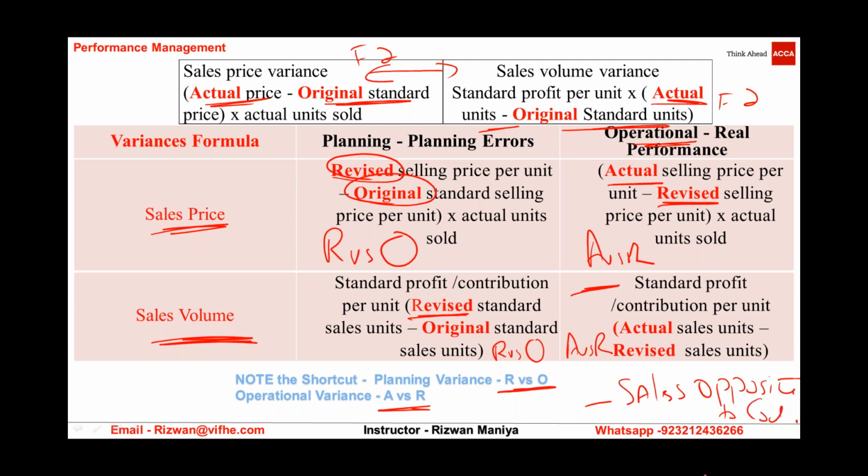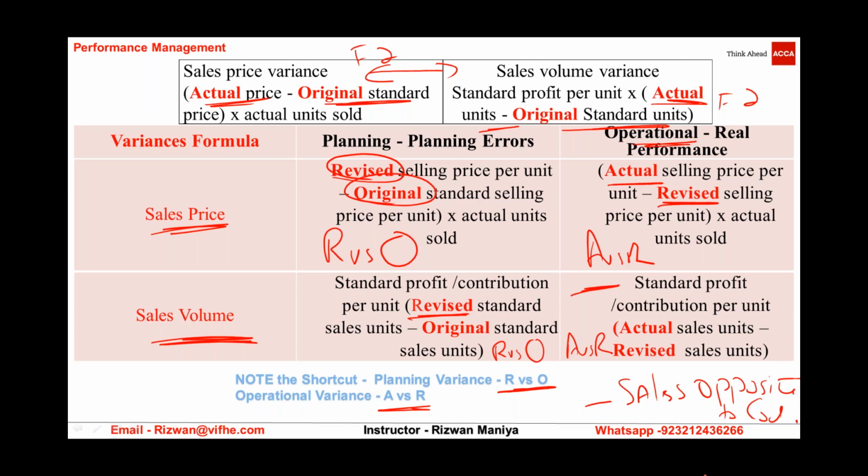It's opposite to cost, agreed, right? Price variance indicates selling price differences. Volume variance indicates sales units differences, the difference between actual and budgeted.